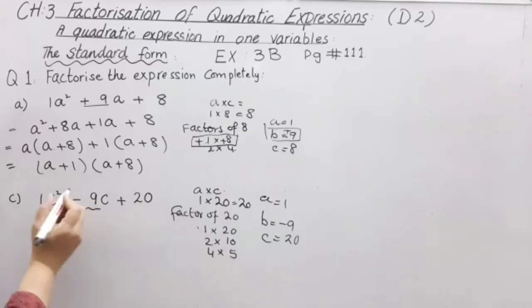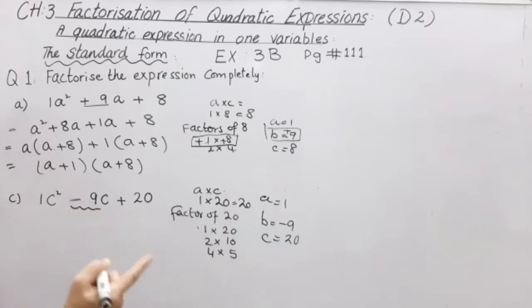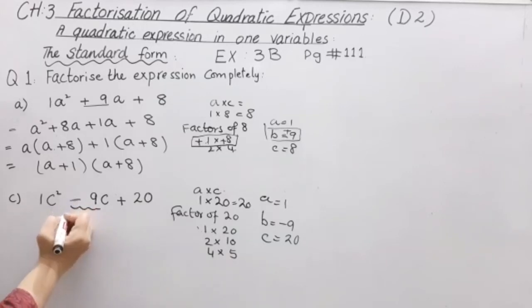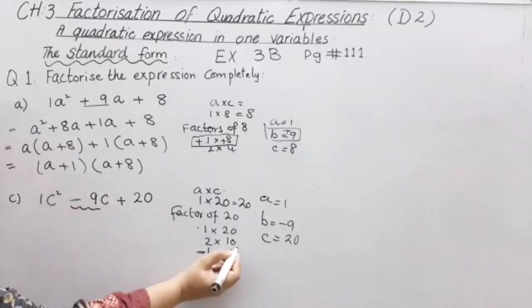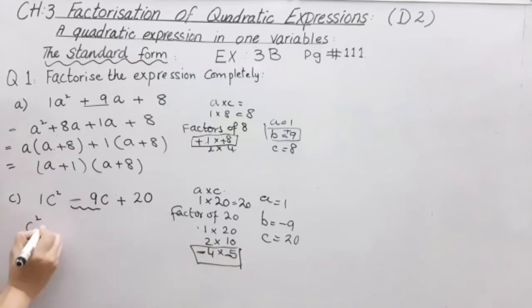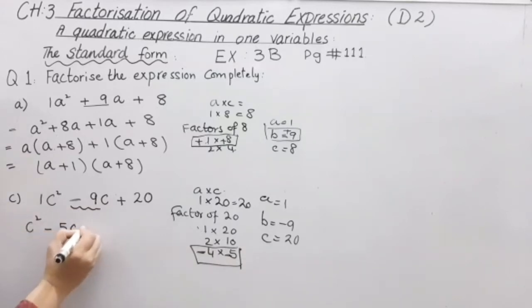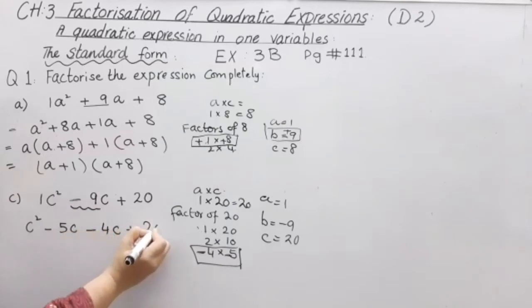But 9 is now negative. We learned in integers that two negative signs, when added, are added but the sign remains the same. So minus 4 minus 5 will be minus 9. So this is our required factor. Now I write c squared minus 5c minus 4c plus 20.